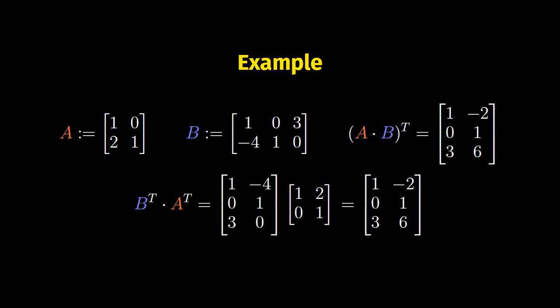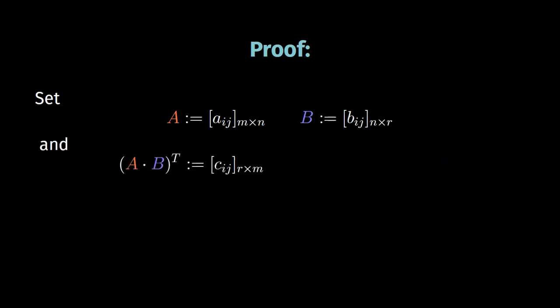I am sure that many of you would like to know the simple proof of this nice result. So let me give you some hints. As usual, we can set some notations. For example, we can call A_ij the entries of A, B_ij the entries of B, then C_ij the entries of the transpose of A times B, and finally D_ij the entries of B transpose times A transpose.